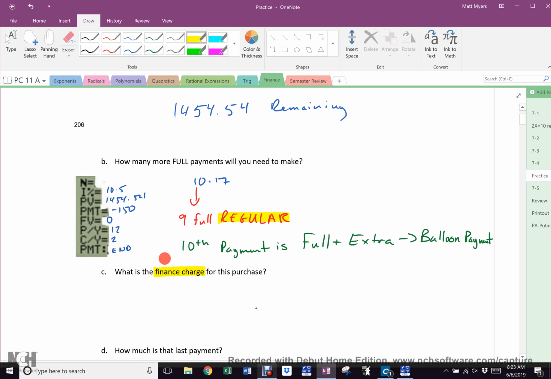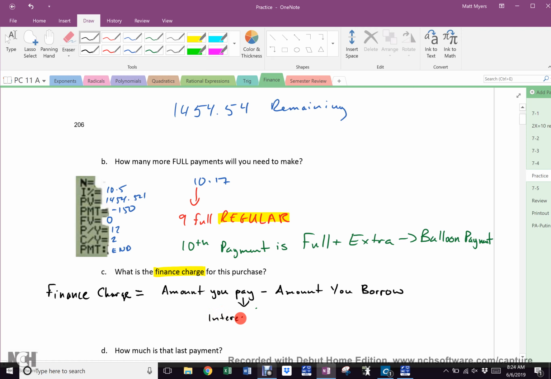So the finance charge is always, and we've talked about this already, I haven't used this word for it yet, equals the amount you pay minus the amount you borrow. Now, what factors into the amount you pay?